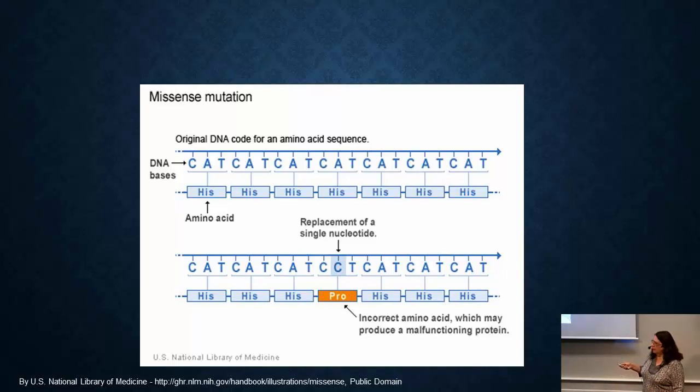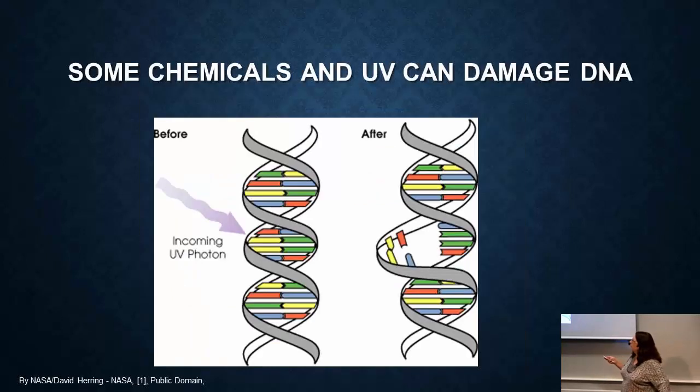It also can be damaged, and one of the most famous types of damage is due to UV light, which you can get from sun, for example, which can cause what they call thymine dimers here.